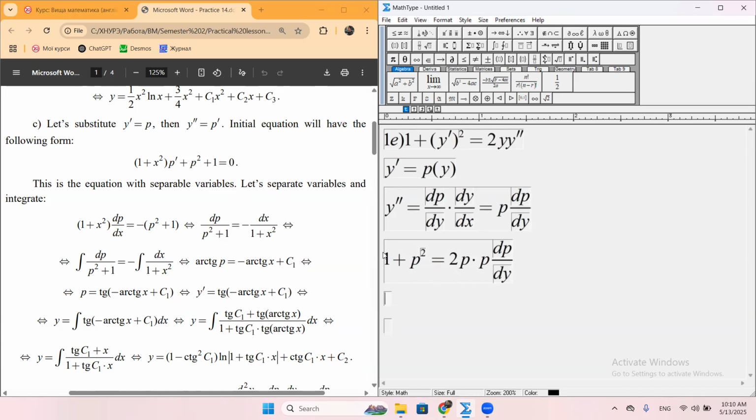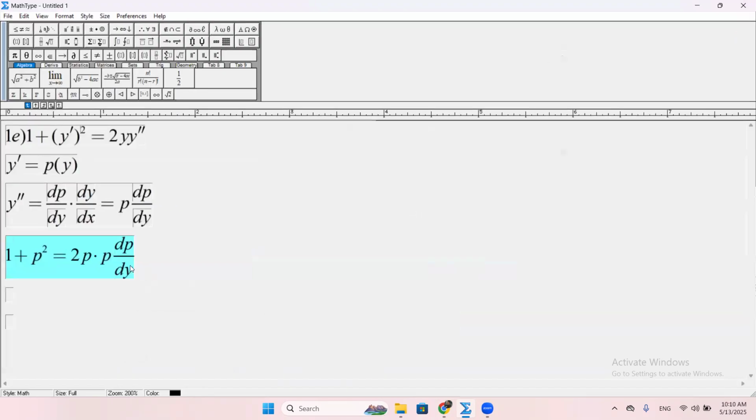So now we simplify it a little bit, and after that we'll start separating variables.